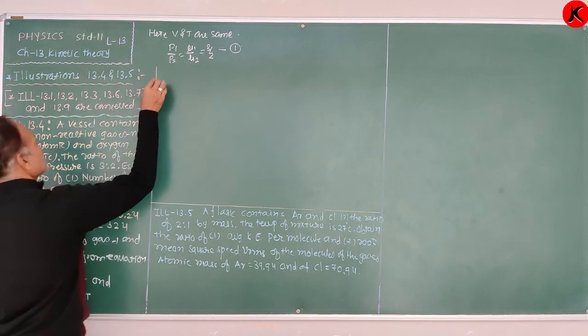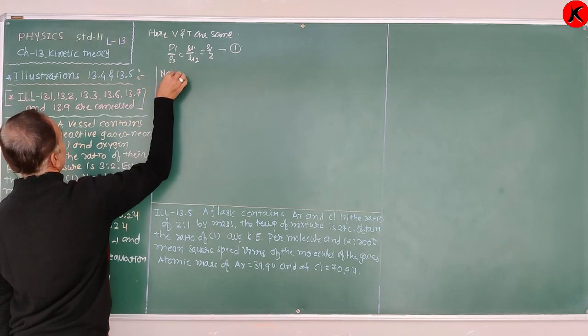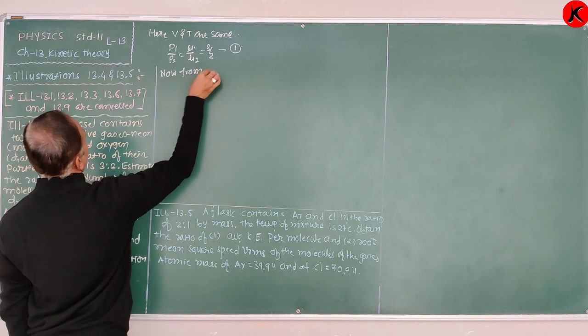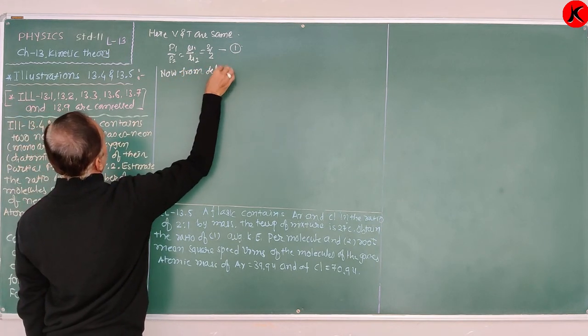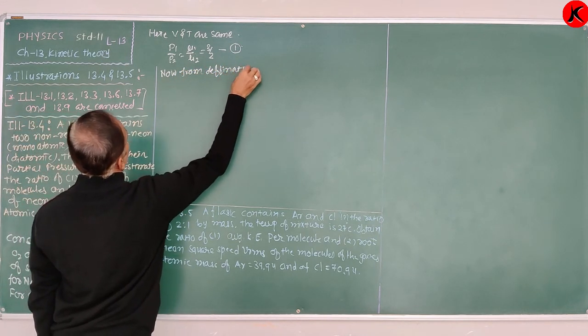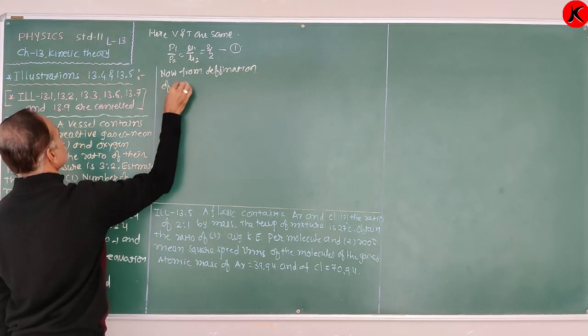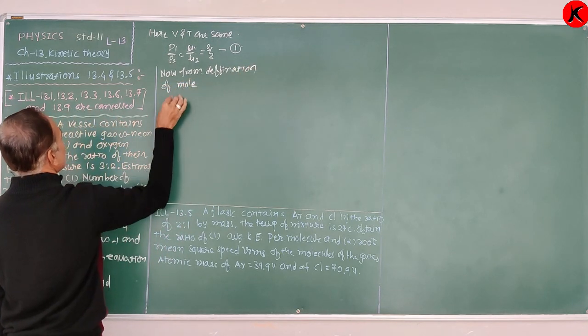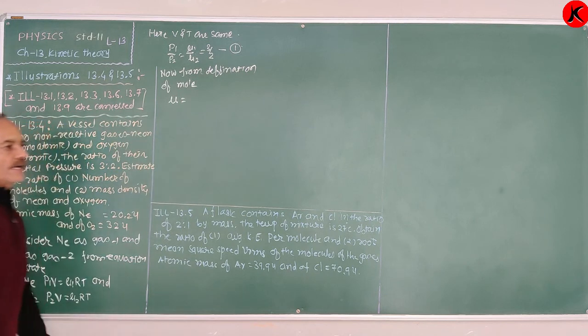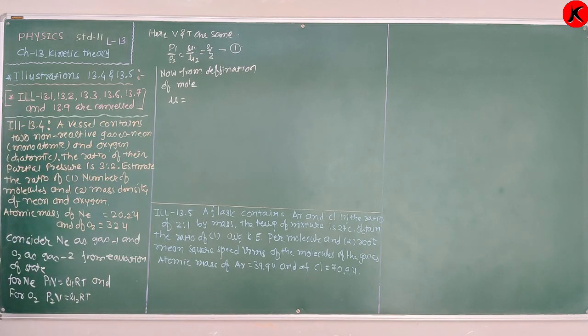Now, from the definition of mole, mu is equal to the number of molecules divided by Avogadro number, right?